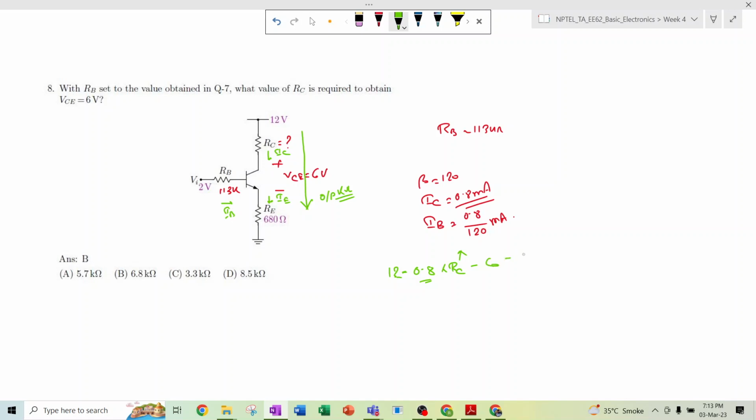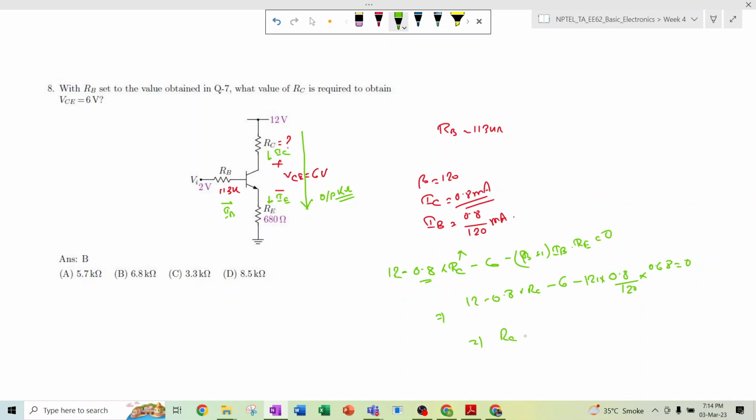IE means IC plus IB, so beta plus 1 into IB, into RE, which is 0.68, equal to 0. So you are getting 12 minus 0.8 into RC, minus 6, minus 121 into beta, meaning 0.8 divided by 120, into RE, 0.68, equal to 0.